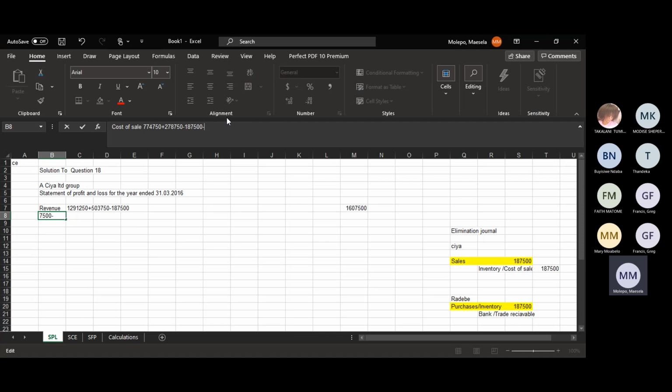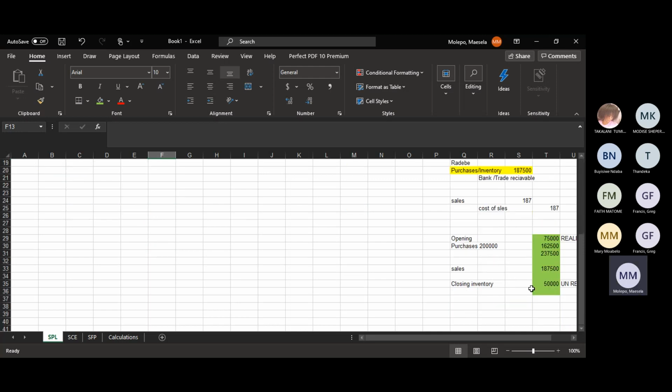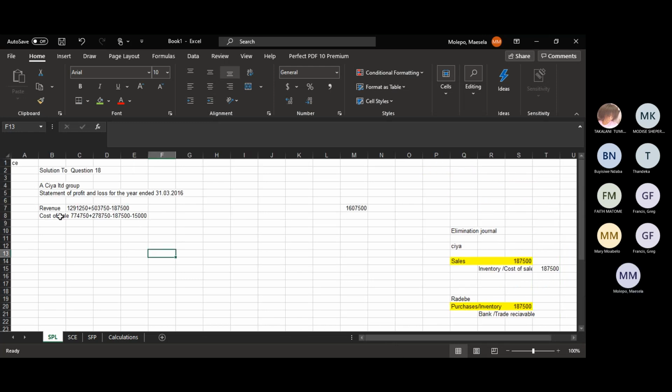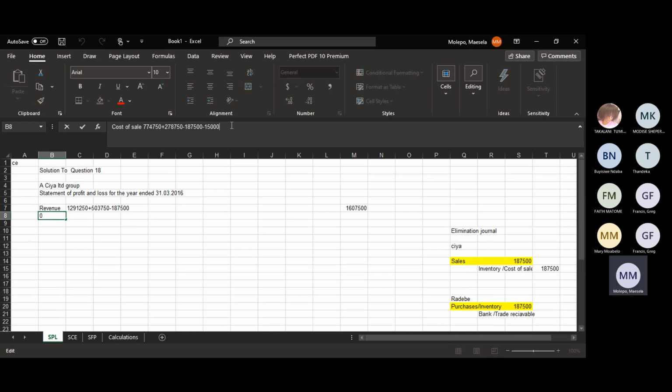Multiply by 25 divided by 125 is 15,000. So you deduct the 15,000. And then you add back the closing inventory, which is now unrealized, on the balance of 50,000. You say 50,000 multiplied by 25 divided by 125, it gives you 10,000.